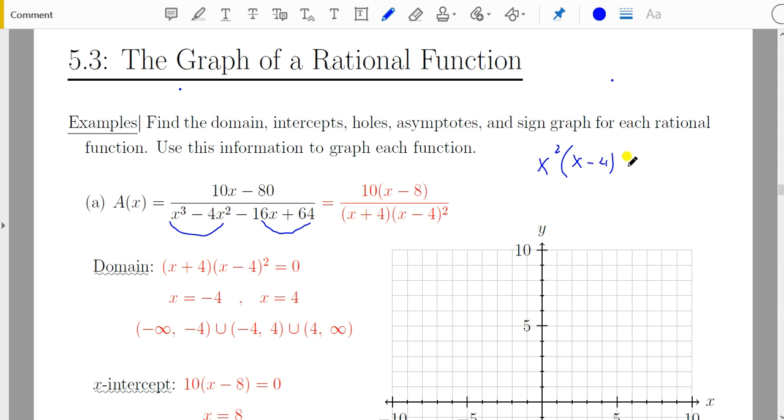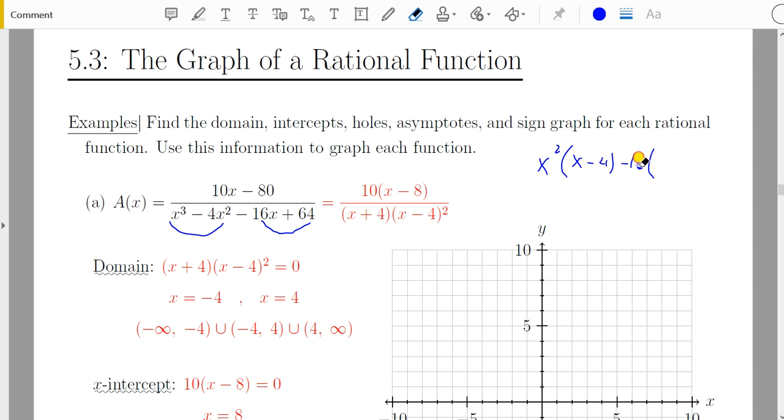But there's a minus here, so let's take out the minus 4. Actually, between 16 and 64, we can just take out minus 16, because 64 divided by 16 is 4.